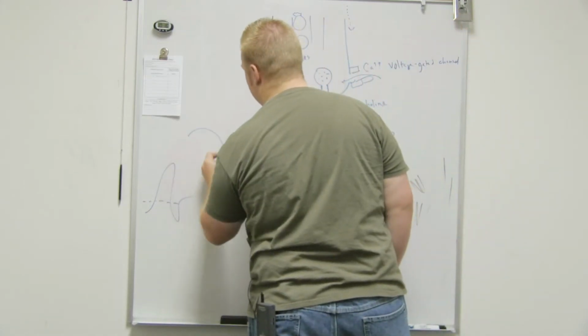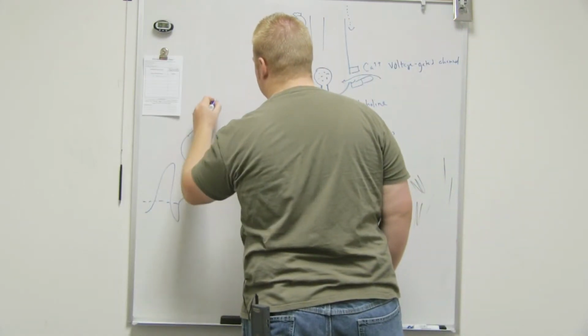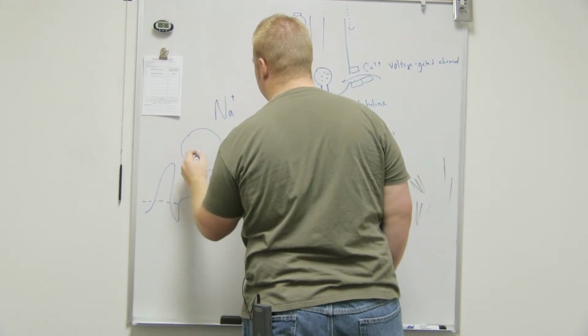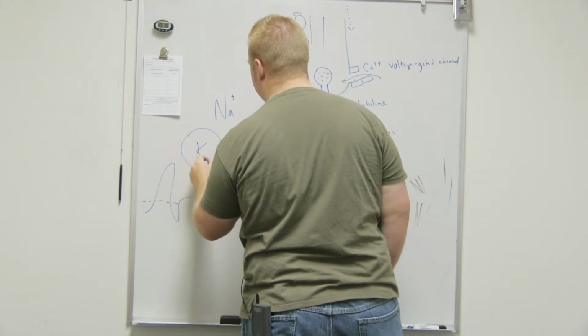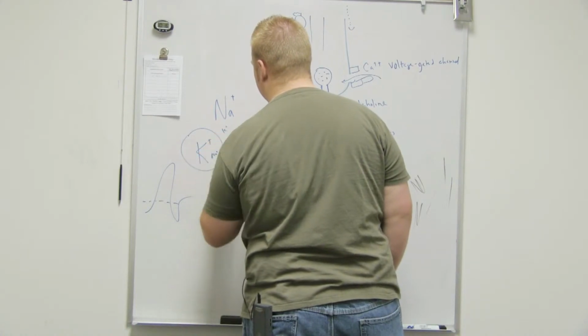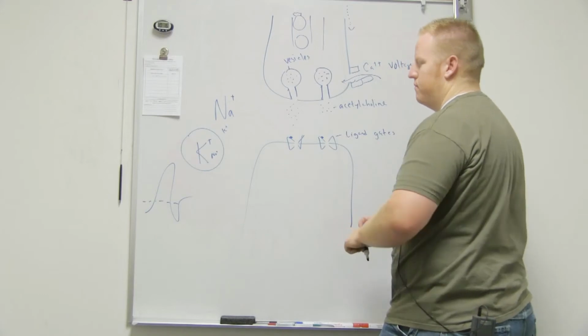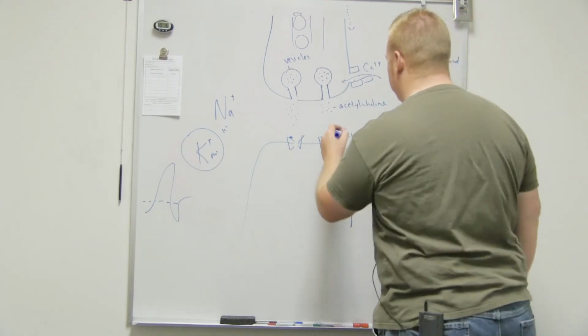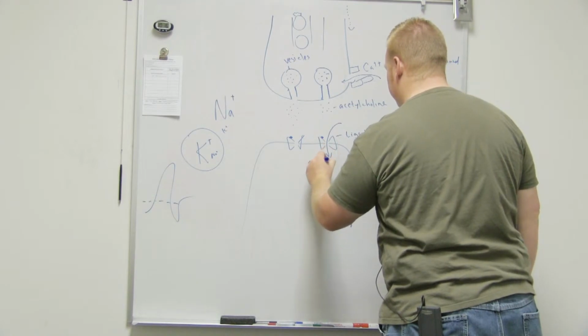Just remember, if you have a cell, there's a lot of sodium out here, a lot of potassium in here, a little sodium in here, a little potassium out here. So there's all this sodium out here that wants to get in. As soon as these gates open, boom, sodium's going to go in.